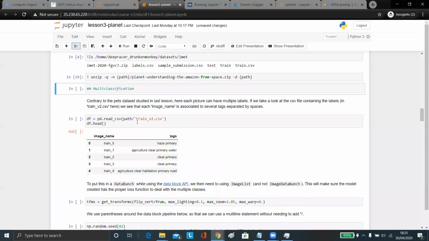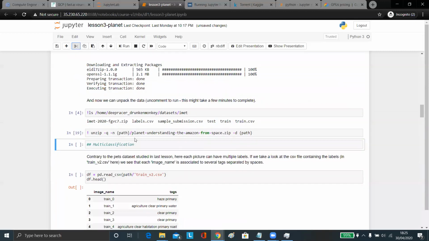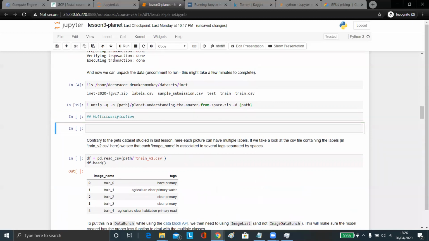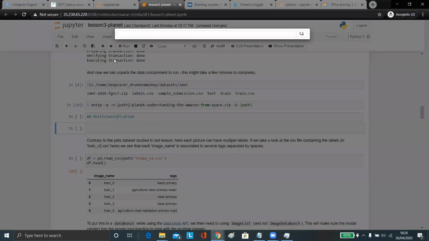So if we define our path, I guess it's going to be one of these POSIX paths, won't it? If we add one here, we'll have to define what path is.